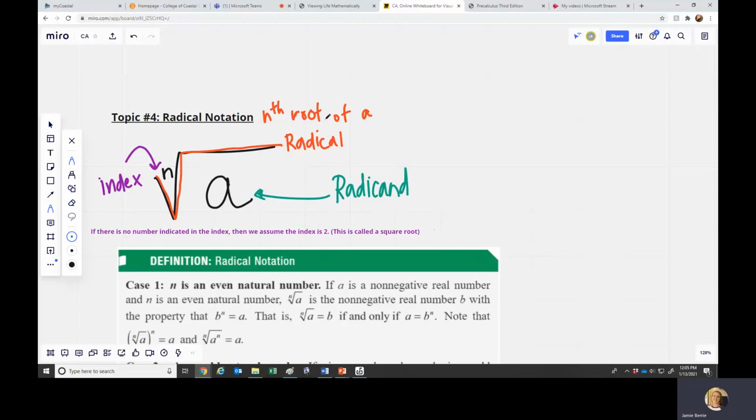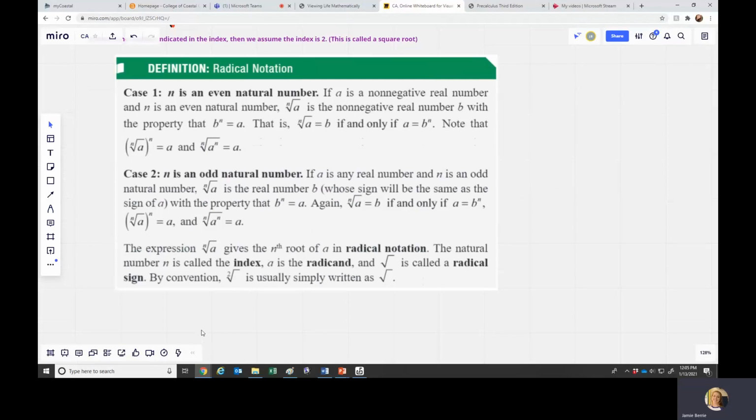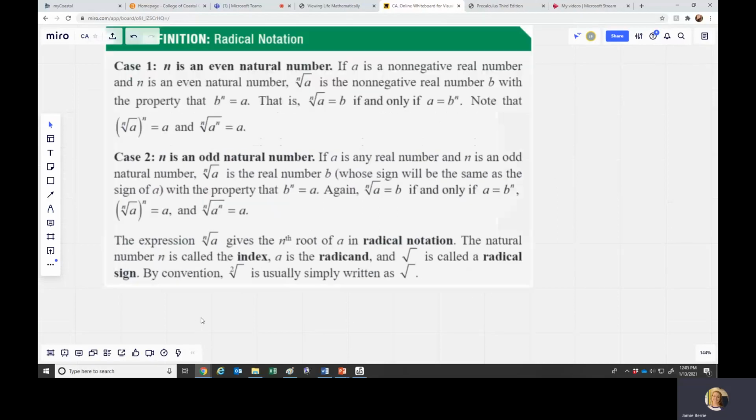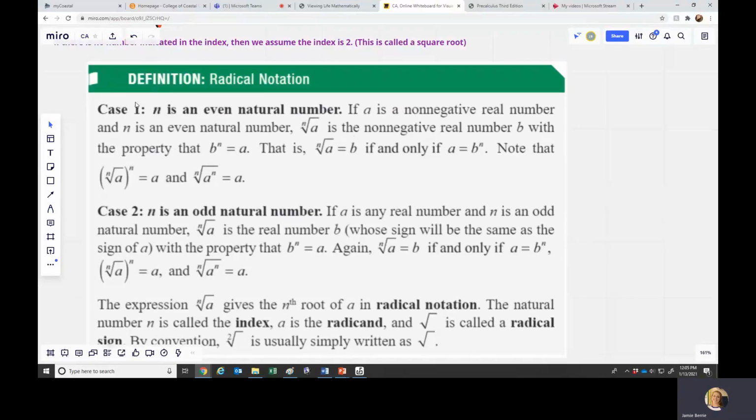All right, so let's read over the definition for radical notation, and then we'll do some examples. A lot of the questions on your homework can be done with your calculator, so I'll show you how to do that. The definition of radical notation has 2 cases.